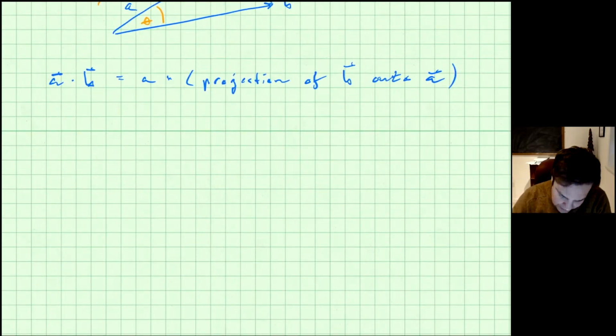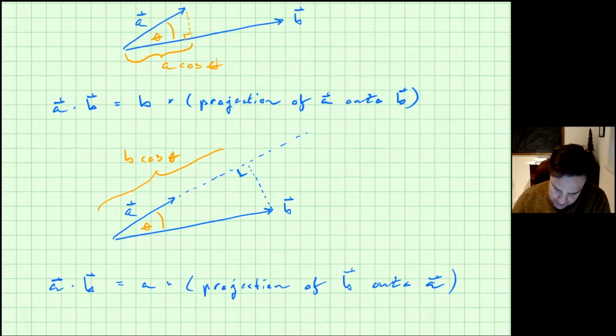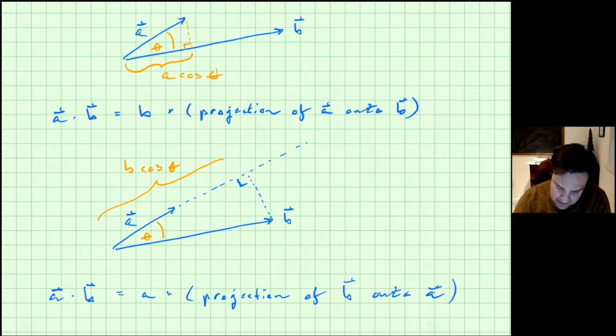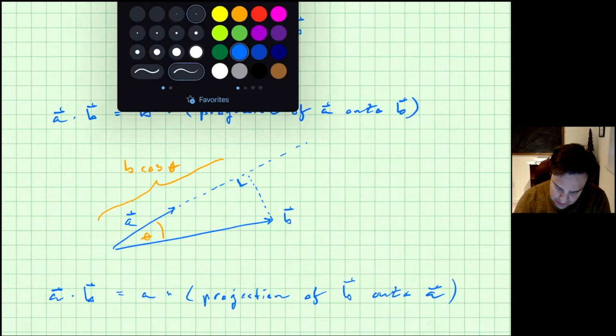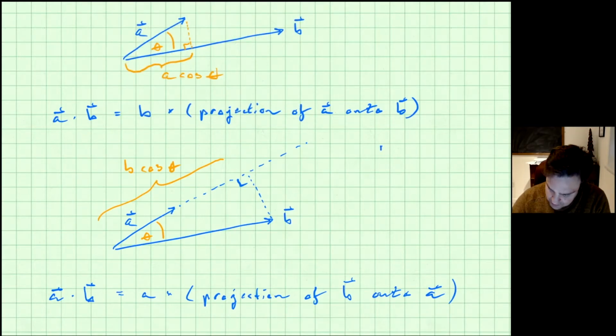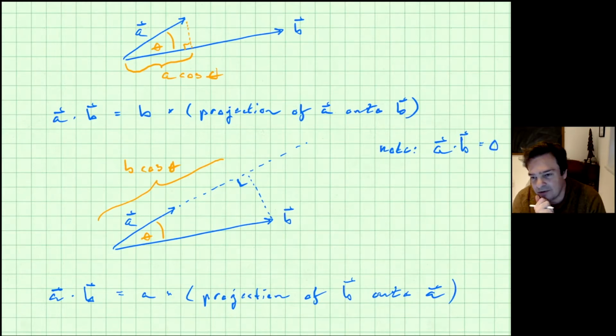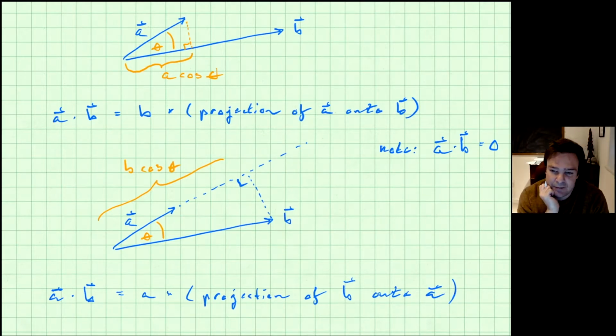So notice in particular what would happen if a dot b were 0. So I'll put that off to the side here. Note, a dot b, if a dot b is 0. Now you should pause the video at this point and think about it. What is the meaning of a dot b being 0, the geometric picture?